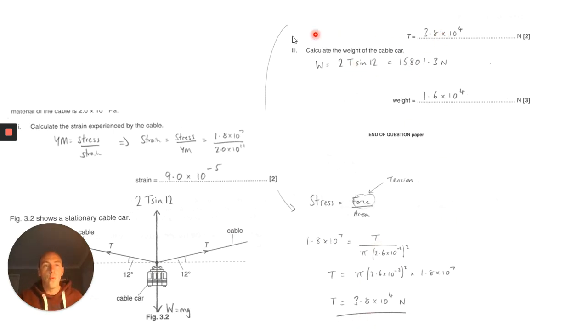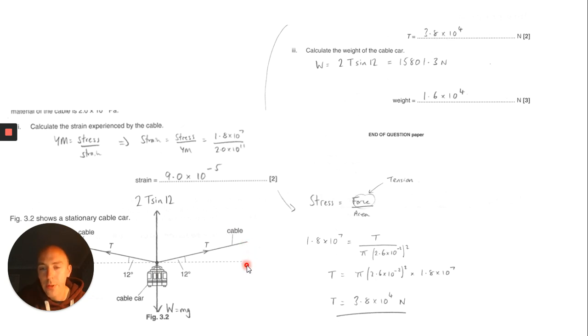And then the weight of the cable car. That weight is shared out between the vertical components of tension. So the vertical component of one of these tensions is going to be T times sine 12. T is the hypotenuse.